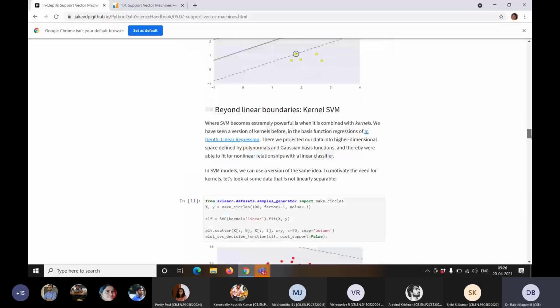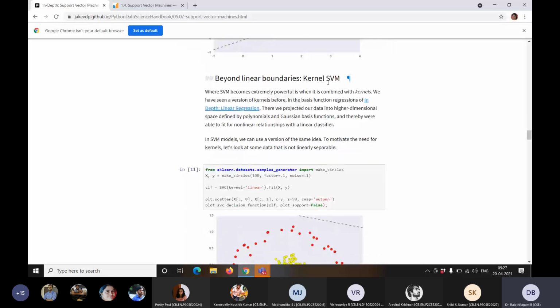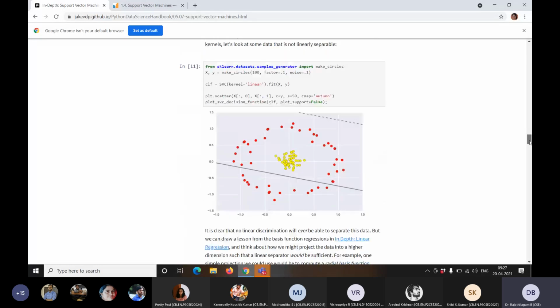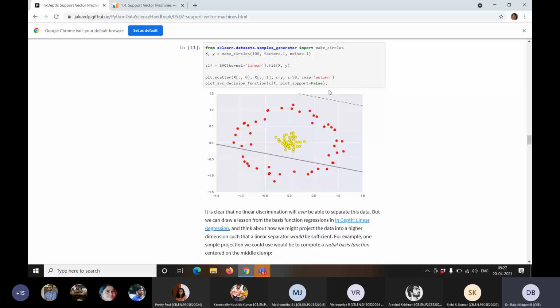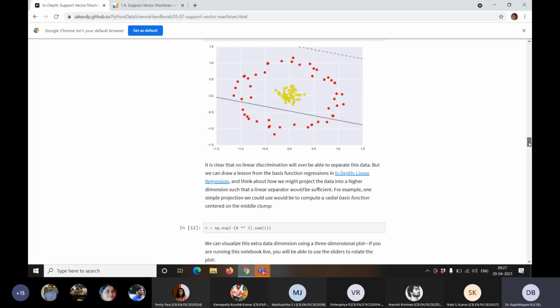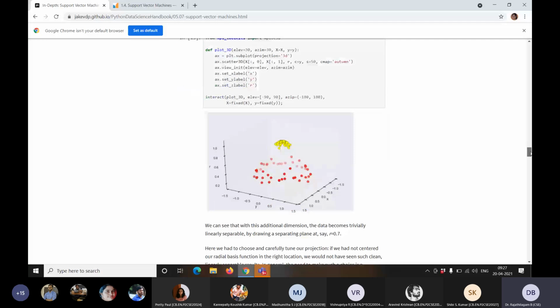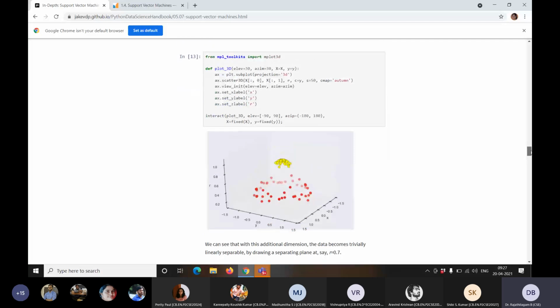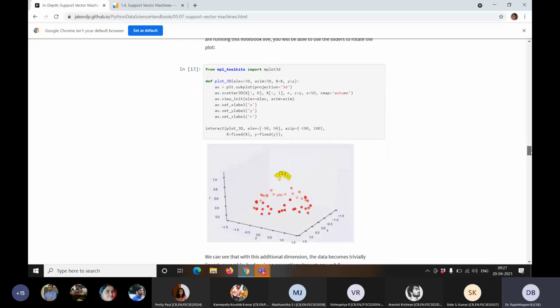Beyond linear boundaries, kernel SVM. So this is where you should start, generating samples. You generate samples like this and use the linear SVM. This is what you will get. You are not able to separate the red points from the yellow points, so it's not possible to clearly discriminate the two groups of data points. Therefore, you have to put them in a higher dimension using a nonlinear kernel.